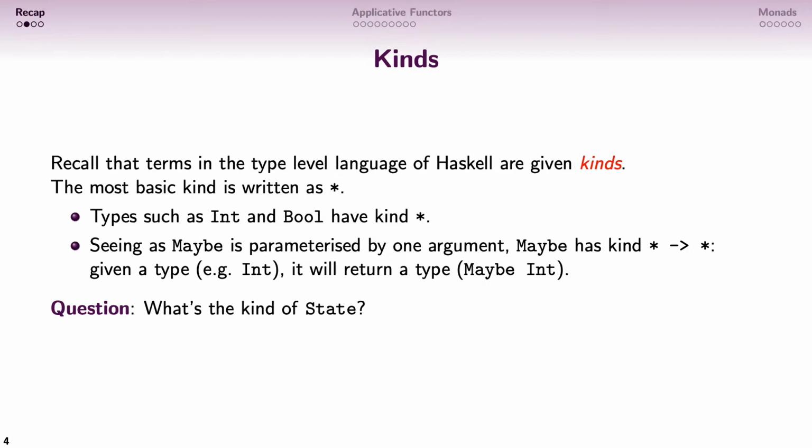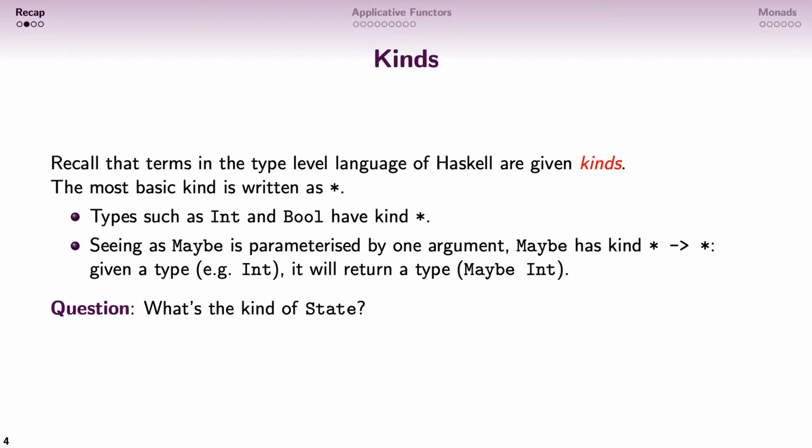So Int and Bool and Maybe Bool, all of these things have kind star. And Maybe is parameterized by an argument, so you can think of Maybe by itself, without an argument, as a function from something of kind star to something of kind star. So if I give it an Int, it will give me a Maybe Int, which is a new type of kind star.